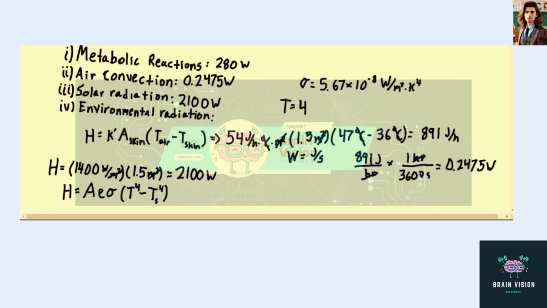To do that, all we need to do is add 273 to both of them. So T will become 320 kelvins, and T sub S will be 36 plus 273, which gives us 309 kelvins.